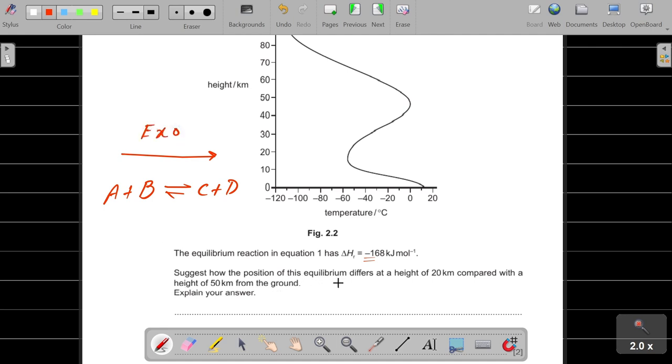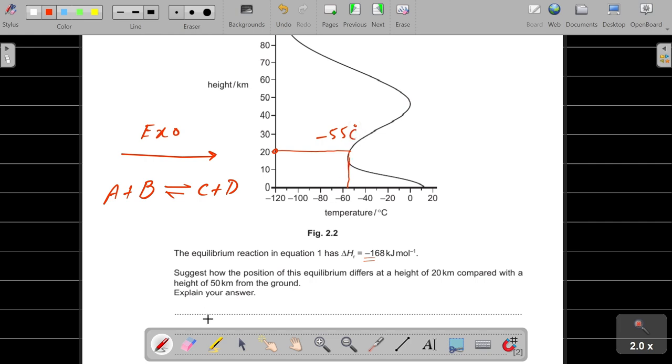Suggest how the position of equilibrium differs at a height of 20 kilometers. At 20 kilometer height, you can notice 20 degrees here, and if I combine this point, here we can notice we have minus 55 degrees Celsius.